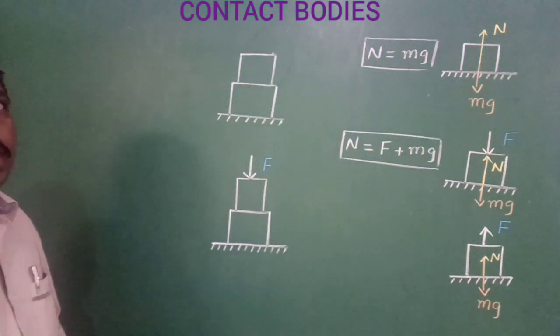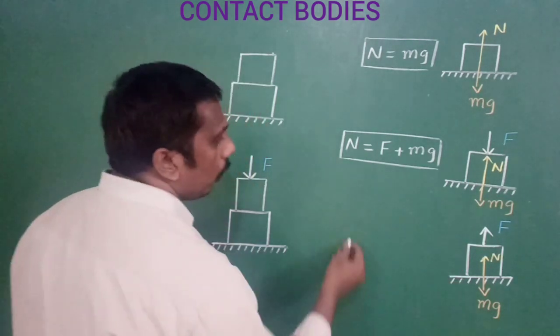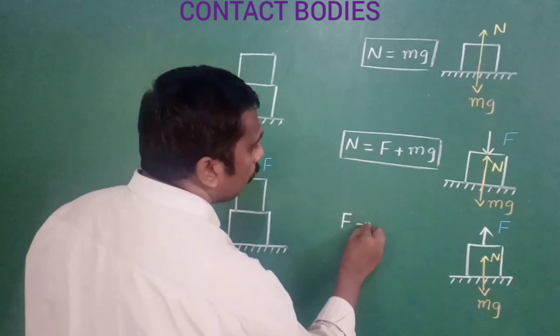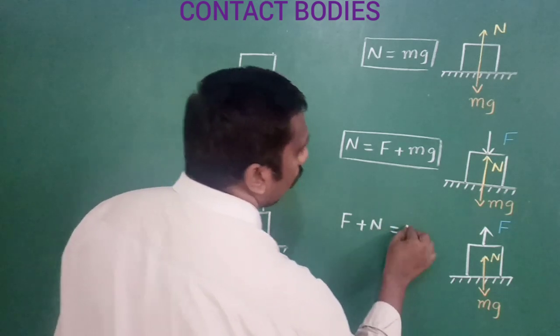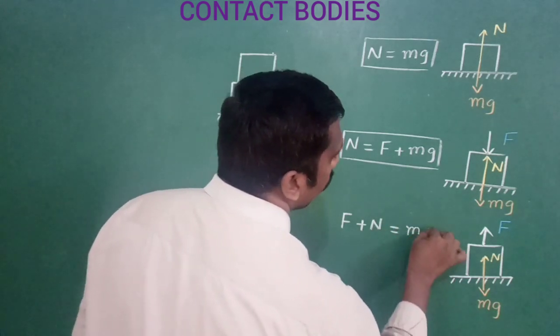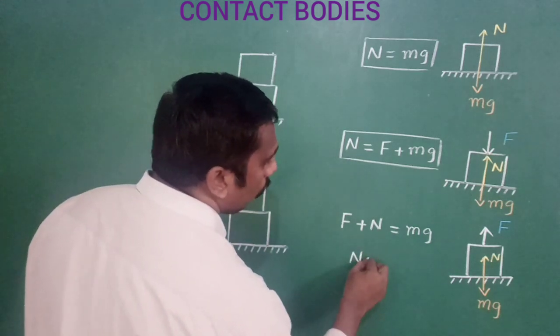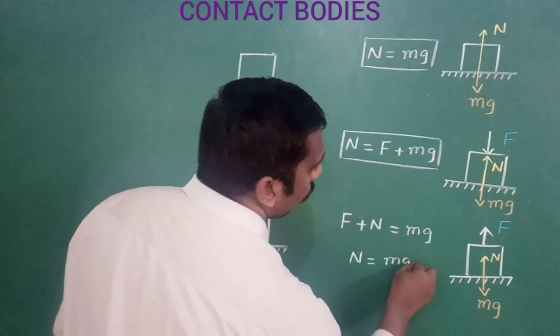If block is at rest, in this case, upward force is equal to downward force. In this case, upward direction F plus N is equal to downward force mg. In this case, normal reaction N is equal to mg minus F we will get.